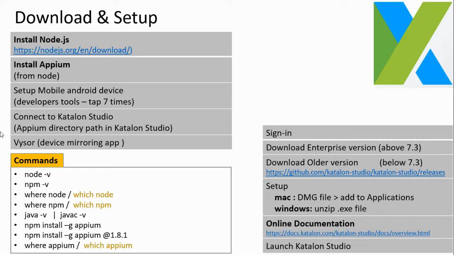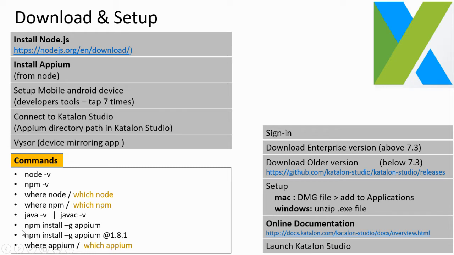For installing Appium, the commands are given over here. Like I said earlier, npm is a package manager that comes bundled together with node.js, and using this package manager you can install a lot of other utilities and applications. So we are going to install Appium from the npm package itself.